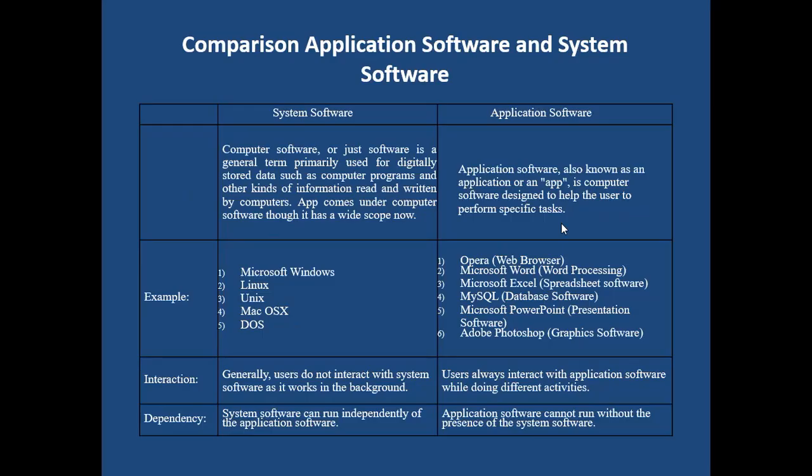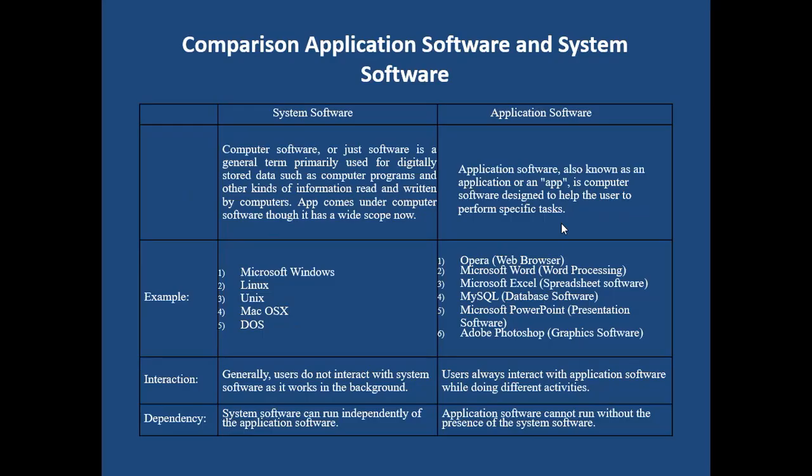Under system software, for example, you have Microsoft Windows, Linux, Mac OS, Unix and others. But under application software, we shall have Opera, which is a web browser. We shall have Microsoft Word, which is a word processing application. We shall have Microsoft Excel, which is a spreadsheet software.